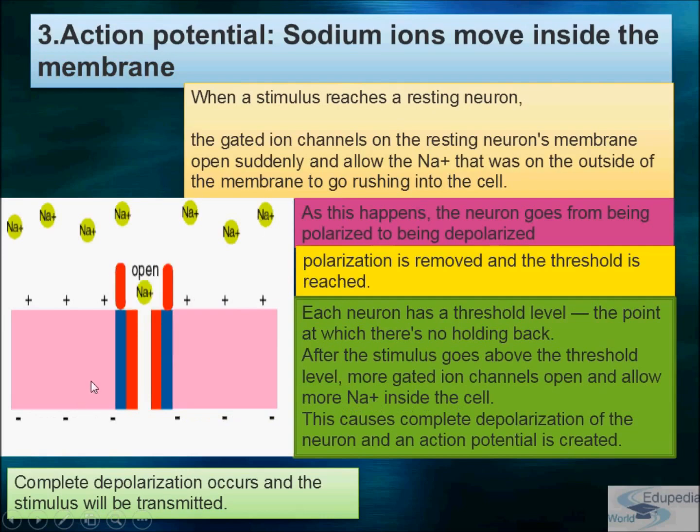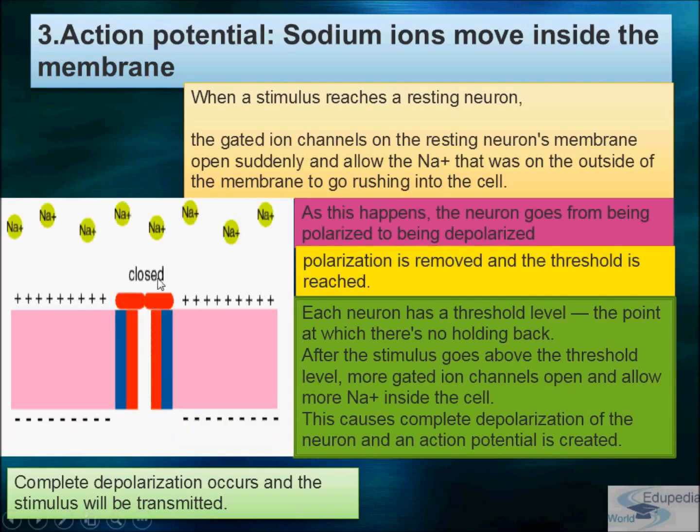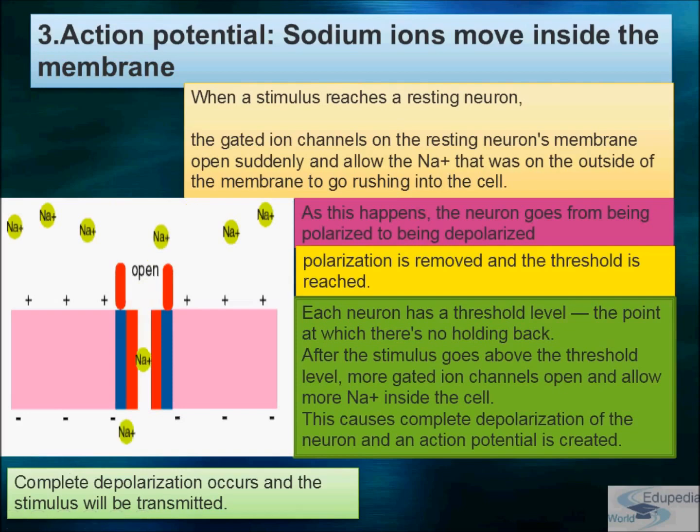The stimulus has to go beyond the threshold level. For that, these gated ion channels become active and allow more ions inside the cell, and this causes complete depolarization of the neuron and the action potential is created.